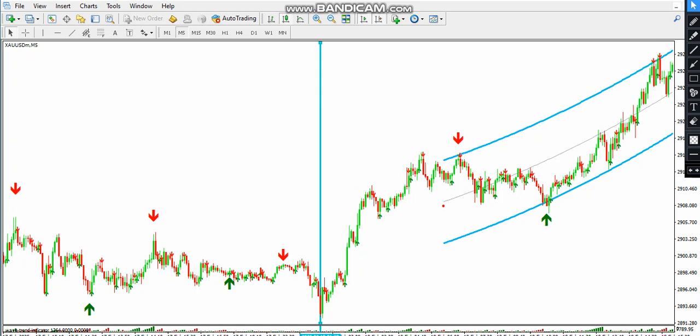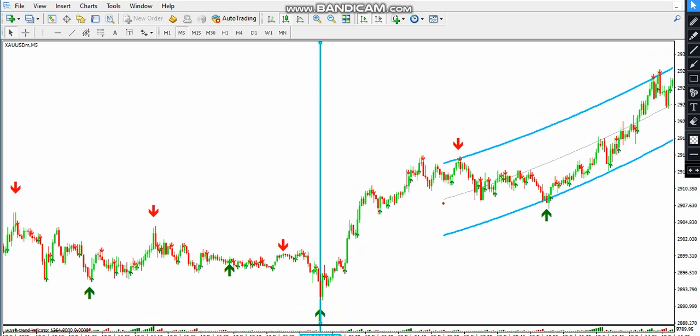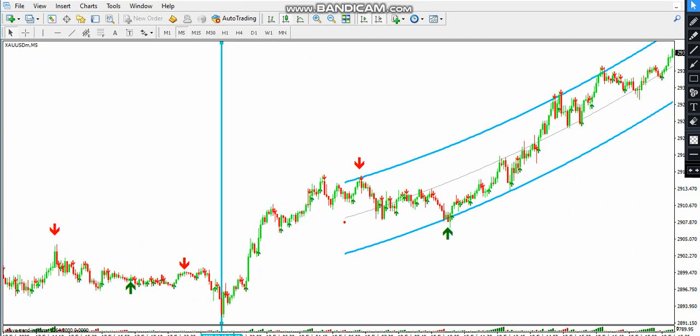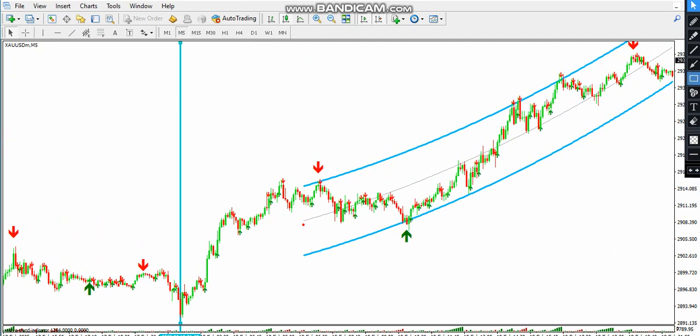Now we have this arrow pop up here. If you remember correctly, this was where we had a 15 minutes arrow and it is still appearing on the 5 minutes. So what we would have done is wait for a band to show up like it did here. So our band showed, we saw a sell, but we know that the trend on the 15 minutes is buy.